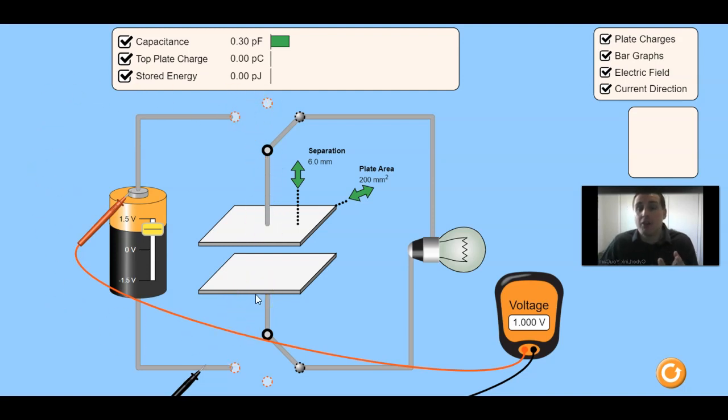So even though they're both counterclockwise, really the charges are going in the opposite direction, because instead of going from the positive plate to the negative plate to charge, they're going from the negative plate to the positive plate to discharge. And keep in mind, we discharge through the resistor, and that is to say we are changing the energy from charge into a different form of energy, namely light or heat.